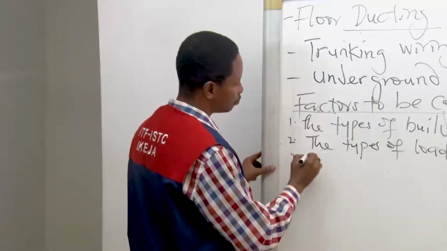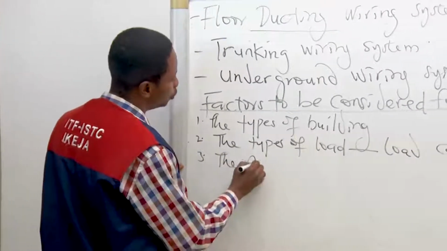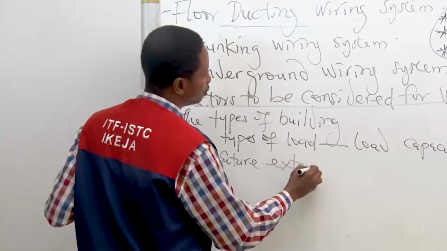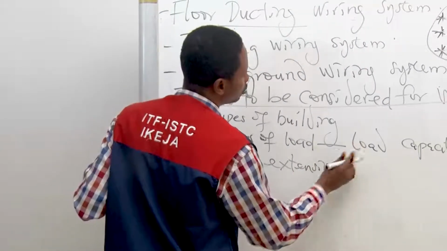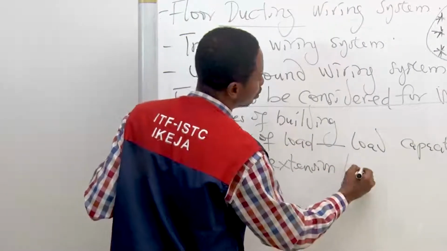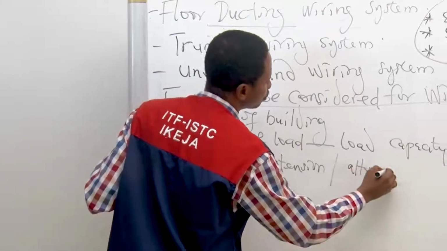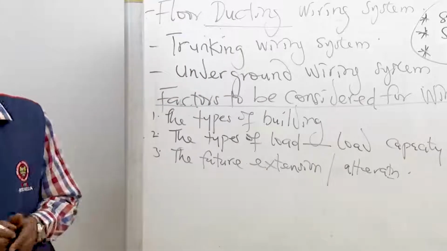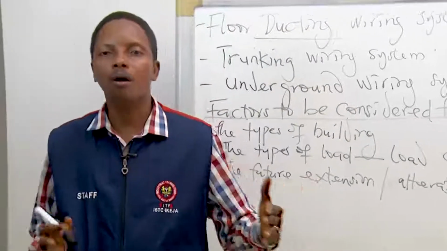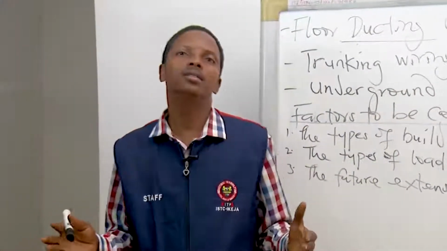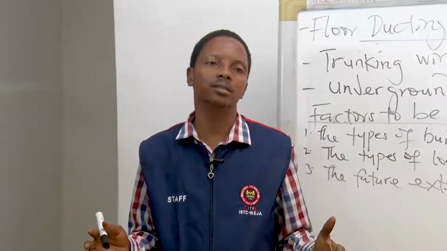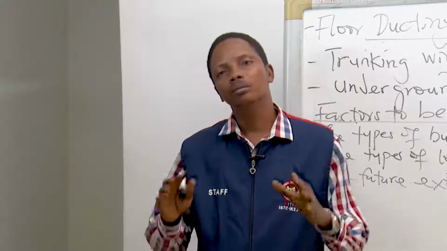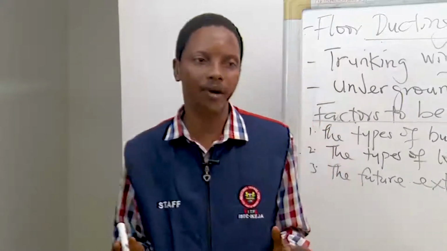Number 3, you consider future extension or alteration. Now, you consider future expansion of the load. In this type of building, it's a residence. A 100 amp protective device is okay, fine.